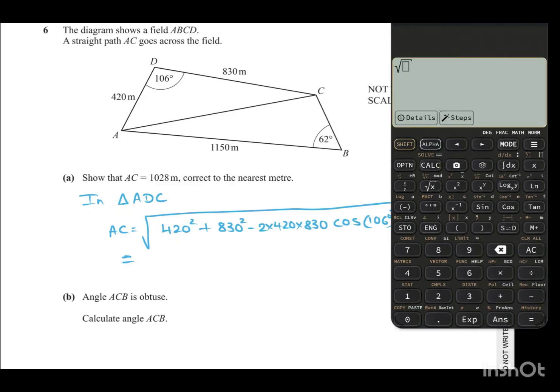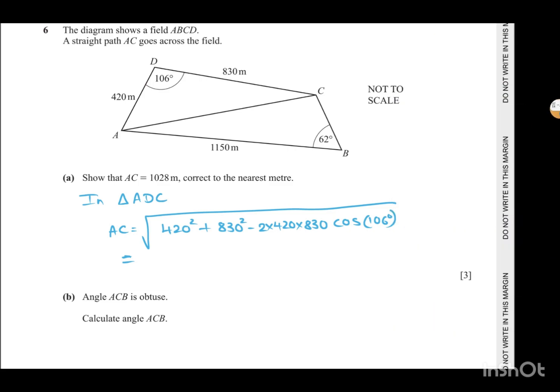Square root of 420 squared plus 830 squared minus 2 into 420 into 830 into cos 106 will be 1028.335 meters. If I round this to the nearest meter, I will answer 1028 meters. That's it.